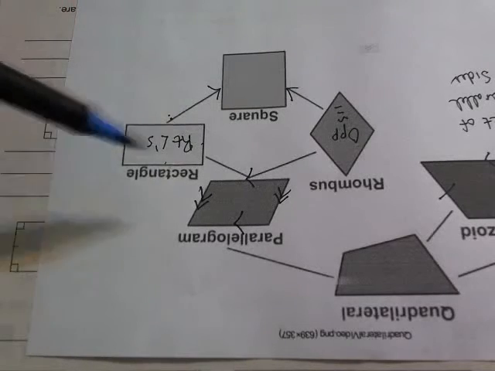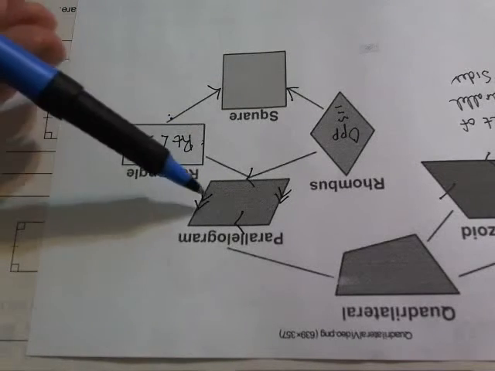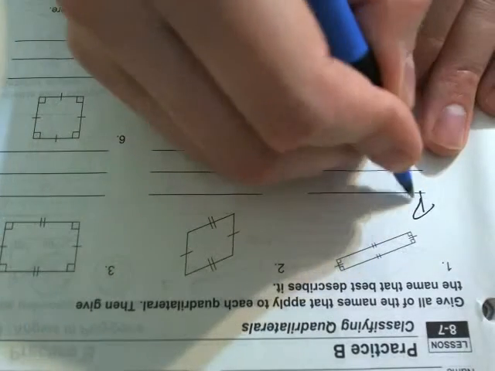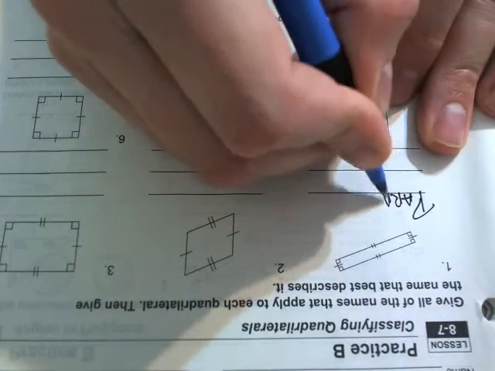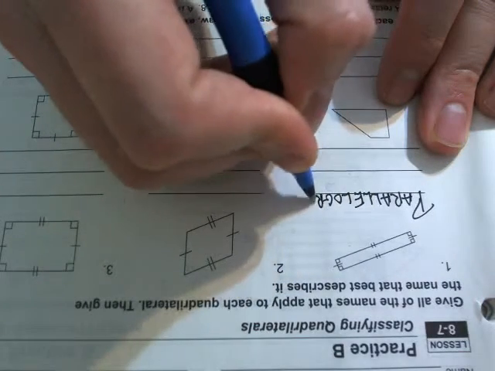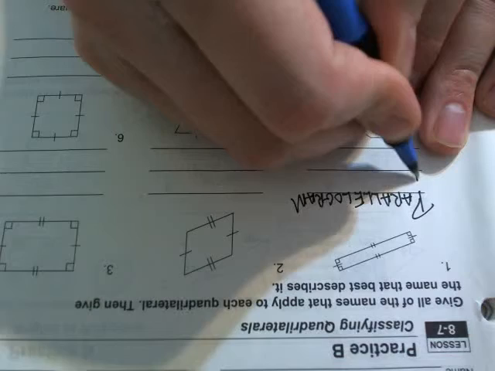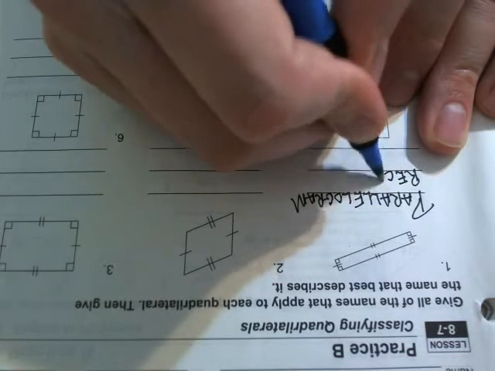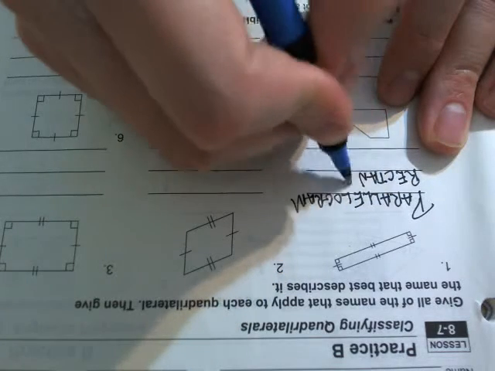These two sides are congruent and parallel. So this one is going to be a parallelogram and a rectangle. And as far as giving the name that best describes it, when we go over to that right side of the chart, we're looking for really the name that's furthest down the trough here as far as naming rights goes. So the most specific name for this shape, the best name for this shape, is indeed a rectangle.